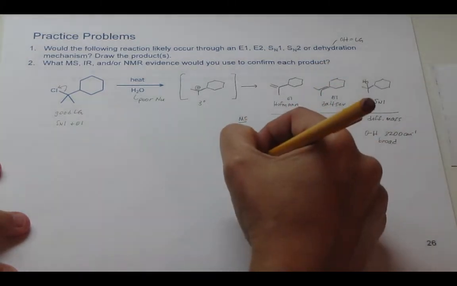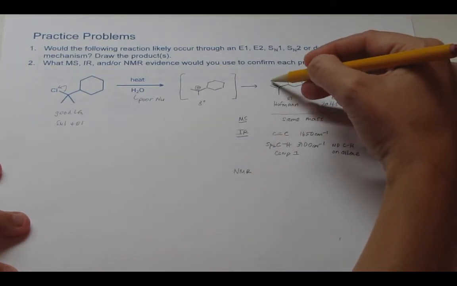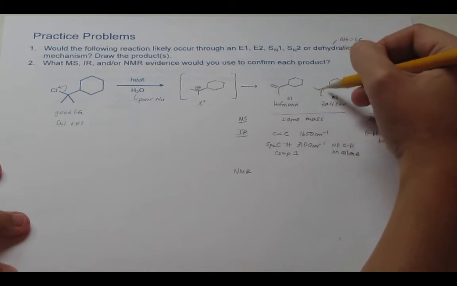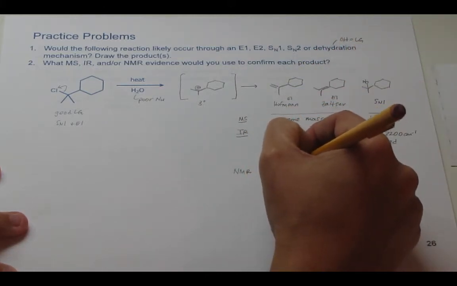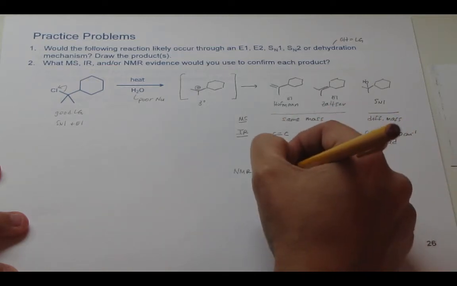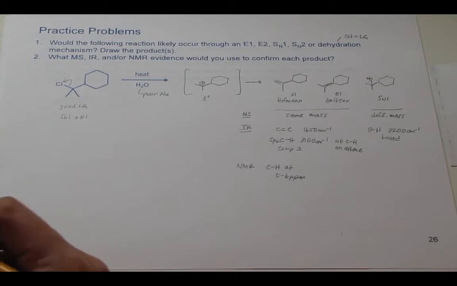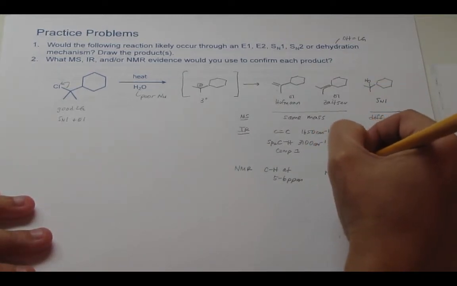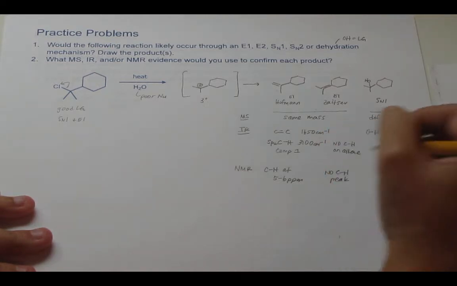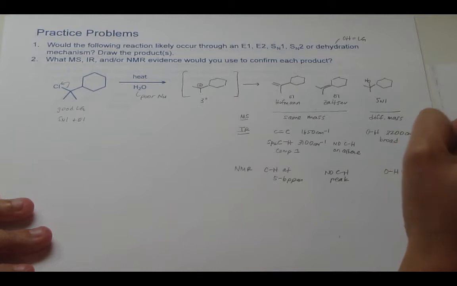And then for NMR, let's also use that example. If this has CHs on this alkene and none here, we will see the CH in the shift region of 5 to 6 ppm. If you have your chart, that's where an alkene is. And this will have no CH peak. And then this will have an OH peak, which is at variable positions.